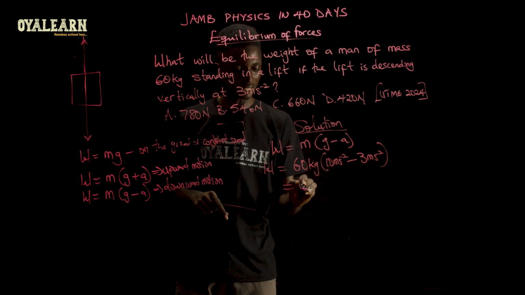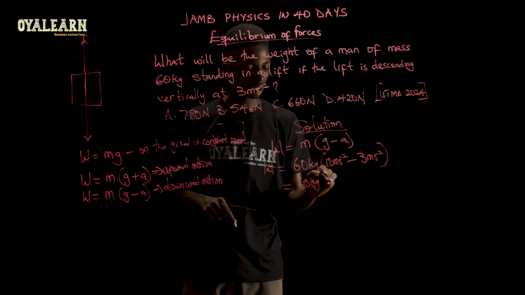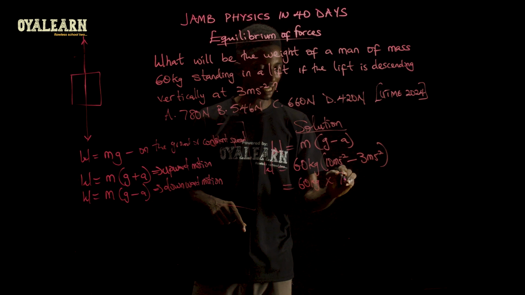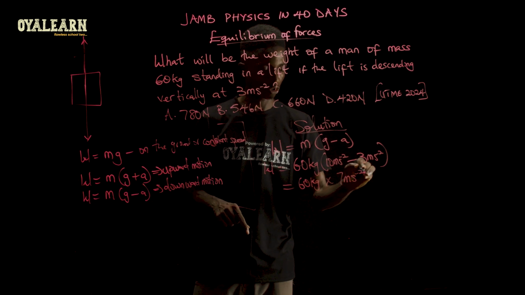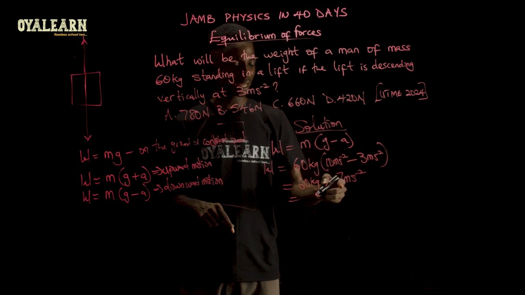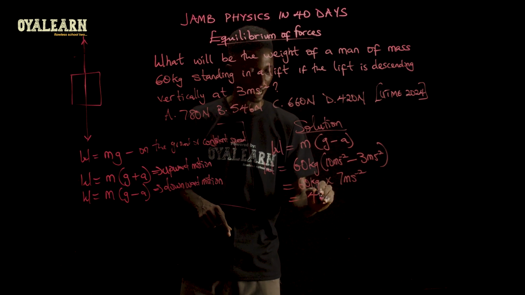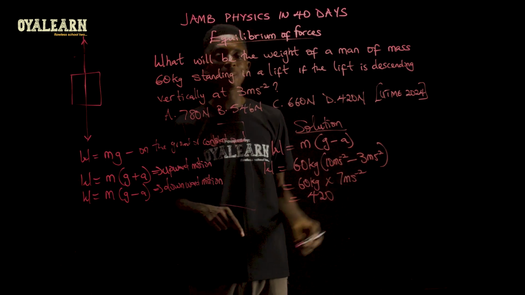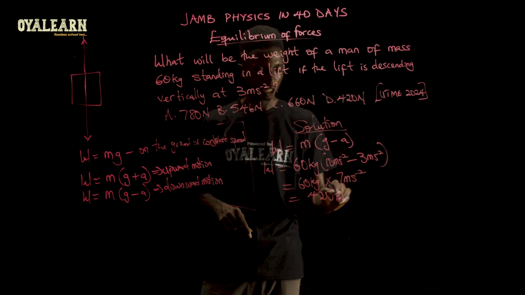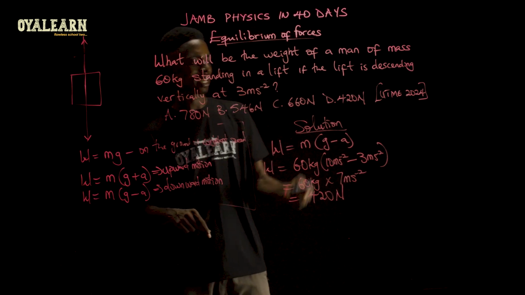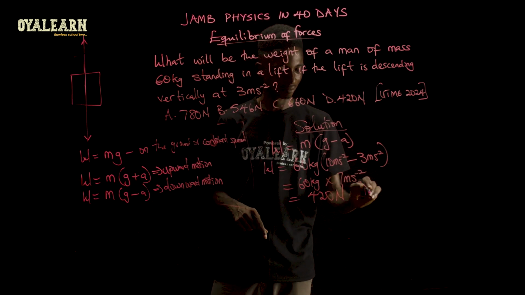So we have 60 kg multiplied by 7 meters per second squared, and when we multiply, this gives us 420. Kilogram meter per second squared is the same thing as Newton. So the correct answer is option D.